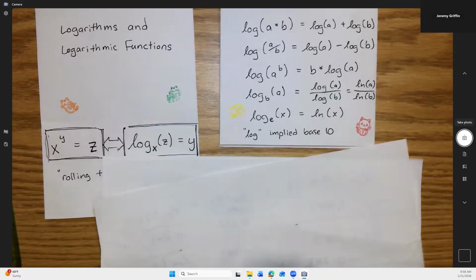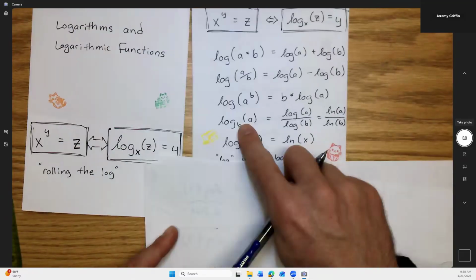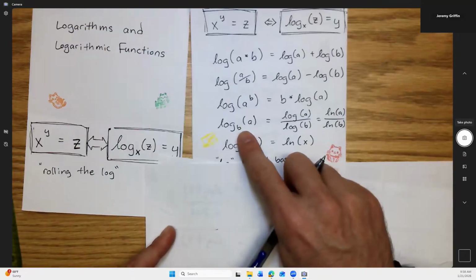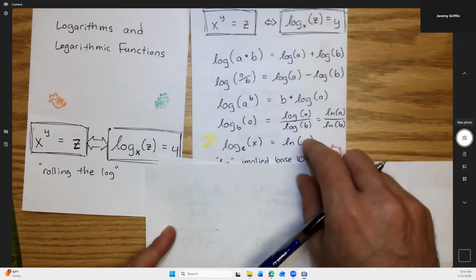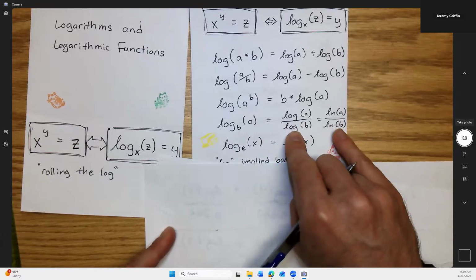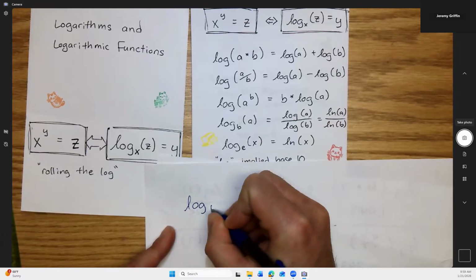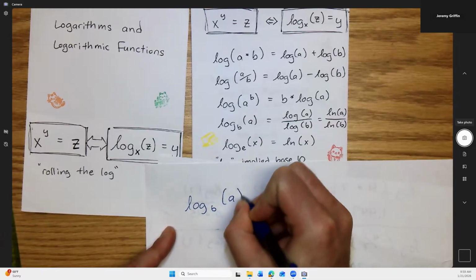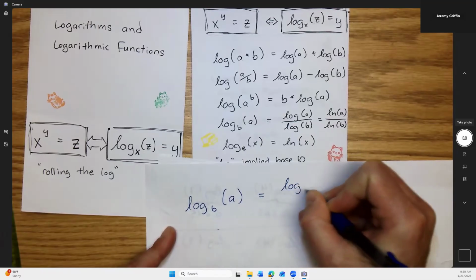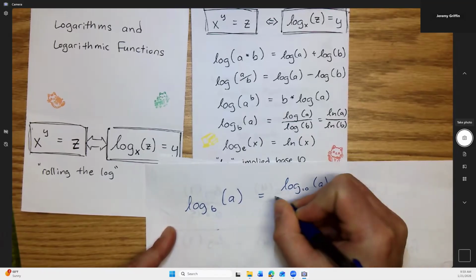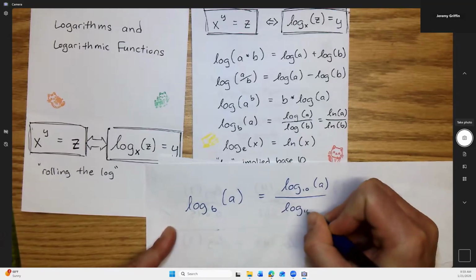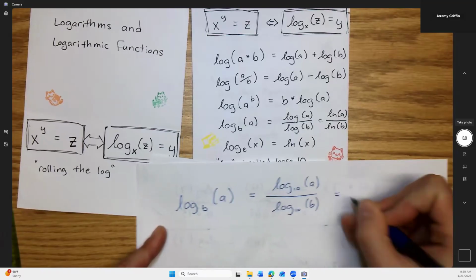So if you have some strange base, you can handle that by changing to either base 10 or base e. I'm going to write this bigger. Log base b of a is the same thing as log base 10 of a over log base 10 of b. Okay. But it doesn't have to be base 10.